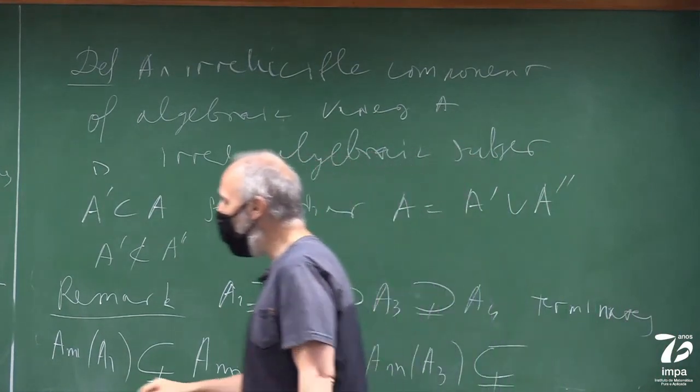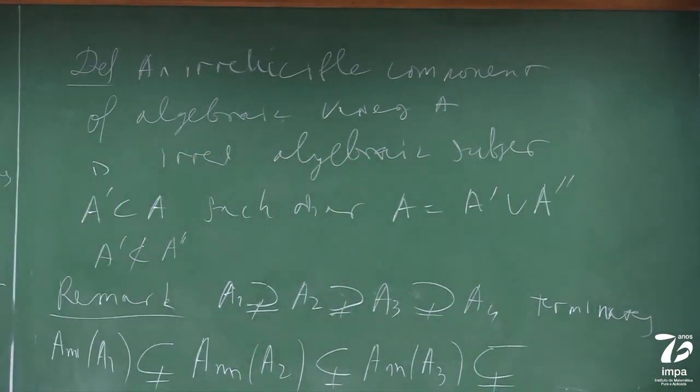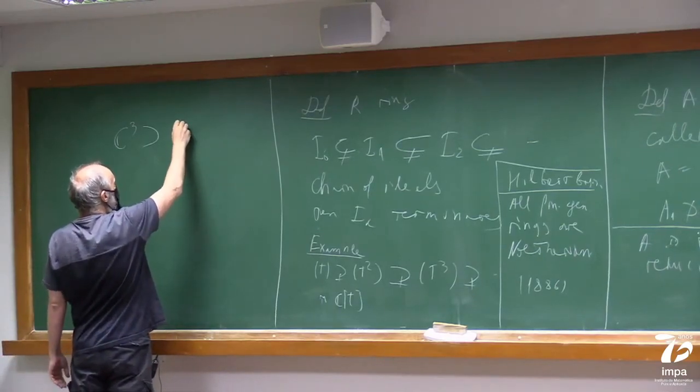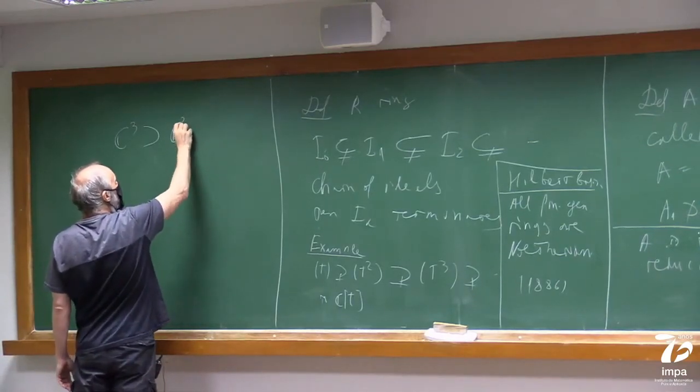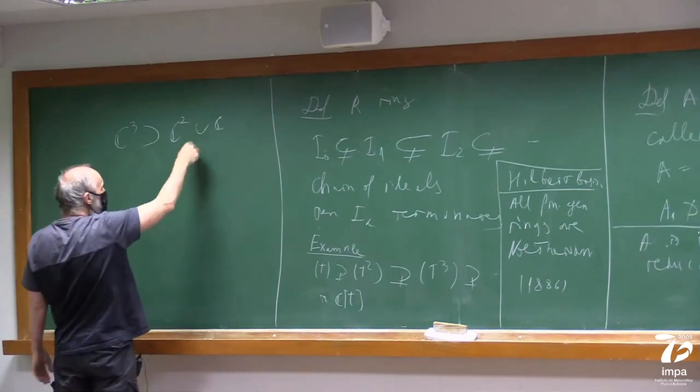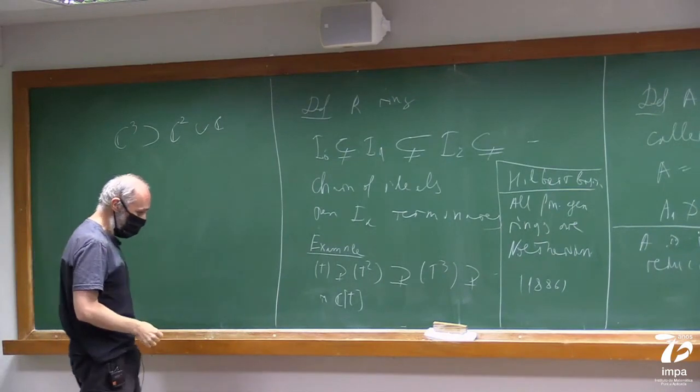So typically what you can geometrically expect is that you have something three-dimensional, say C3. Inside C3 you have something two-dimensional, maybe two-dimensional plus one-dimensional. And inside that you have something which is even smaller.